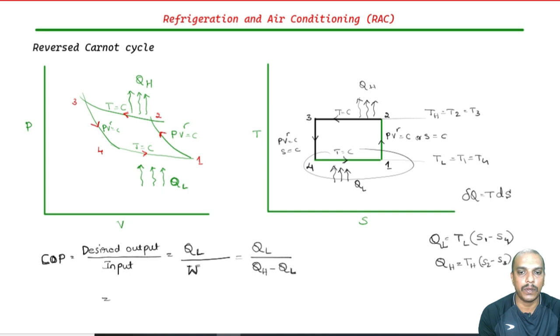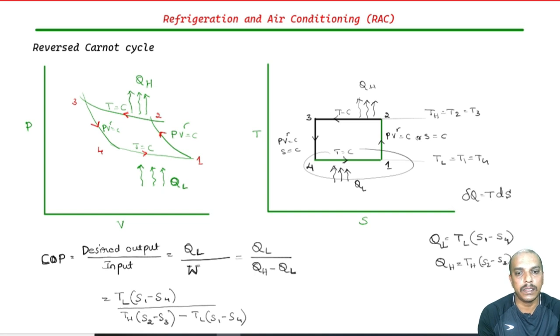Now, I will come back to this equation. I have QL and QH. So, COP = TL (S1 minus S4) divided by [TH (S2 minus S3) minus TL (S1 minus S4)].